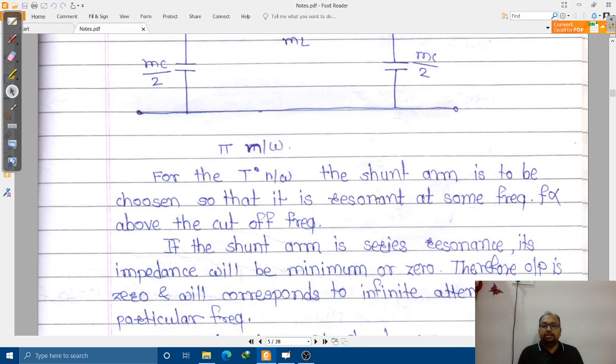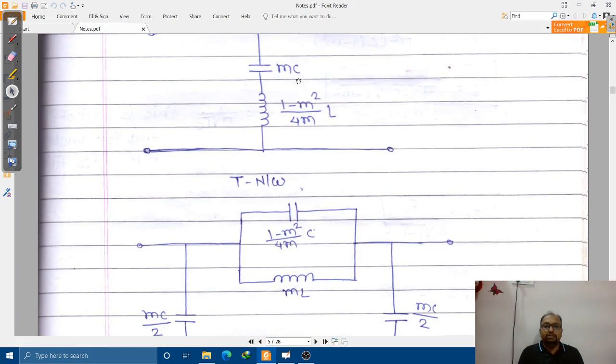For the T network, the shunt arm is to be chosen such that it is resonant at some frequency f alpha. We choose it in such a way that it will resonate at f alpha, which is greater than the cutoff frequency of the filter. Whether it is a low pass or high pass filter, based on that we select f alpha, which must be greater than the cutoff frequency.